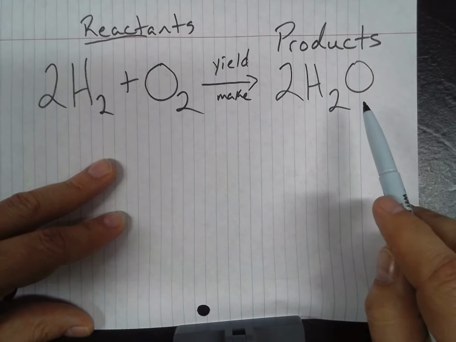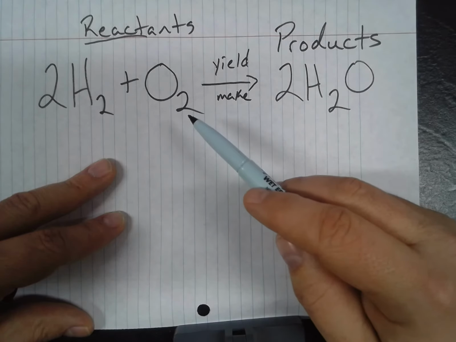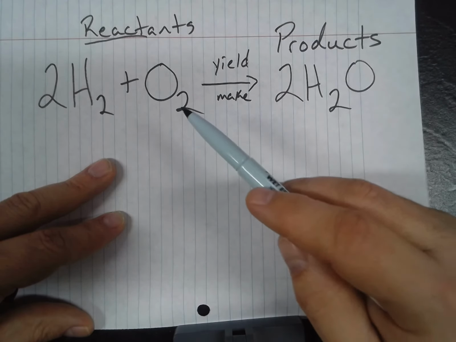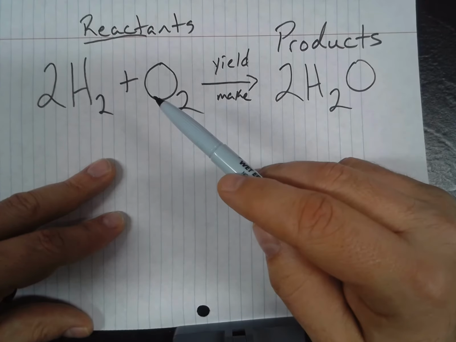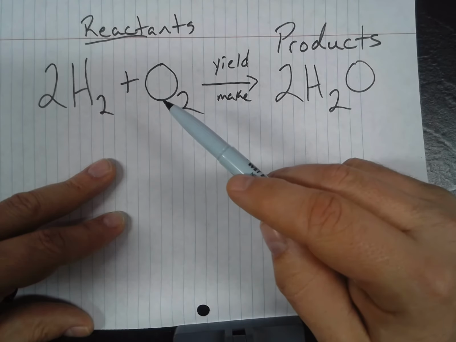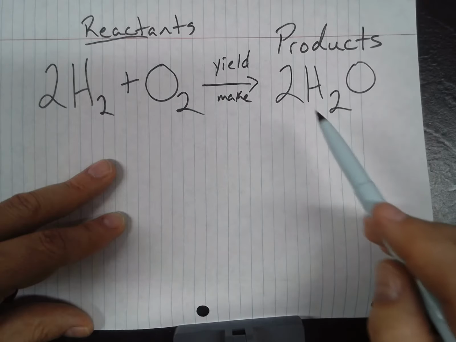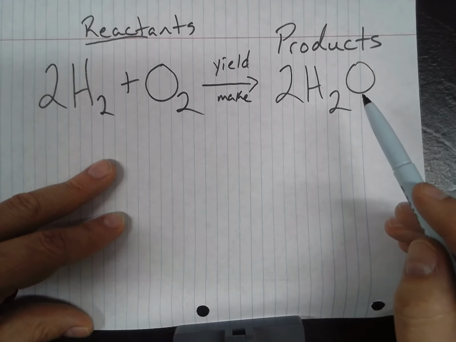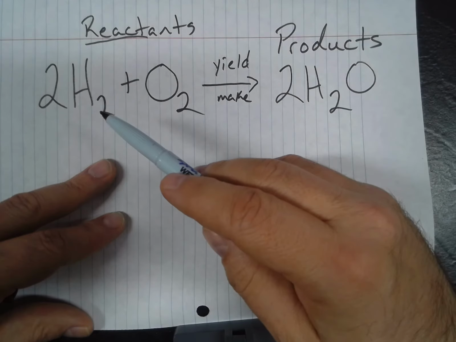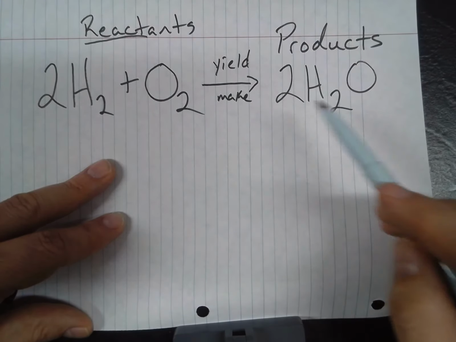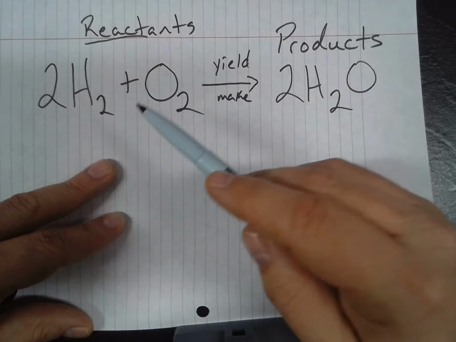We can't create new matter, so we're not going to find carbon or boron or neon or anything else in here because we don't have it in the beginning. Okay? You're also not going to take away anything. So if I look over here, I better find the same elements in the end as I have in the beginning.